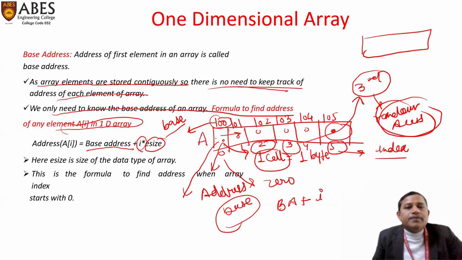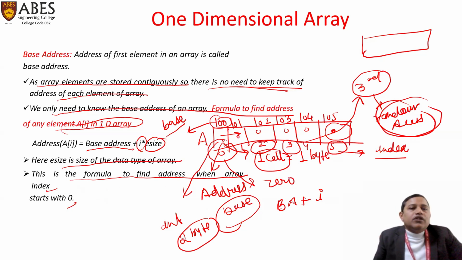If an element is of integer type, suppose we assume that one element takes 2 bytes to store in a memory cell. So it depends on the data type of the array, the size of an element. This is the formula to find the address when the array index starts with 0. This formula is effective if the first index of the array starts with 0.